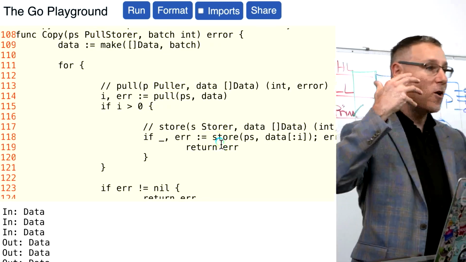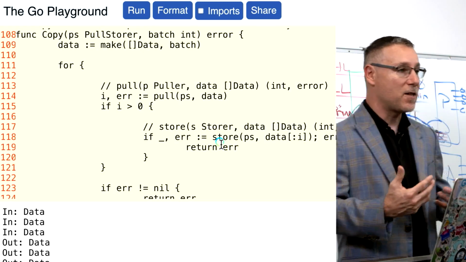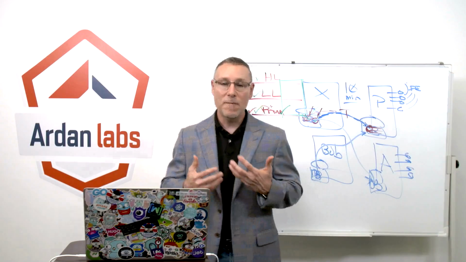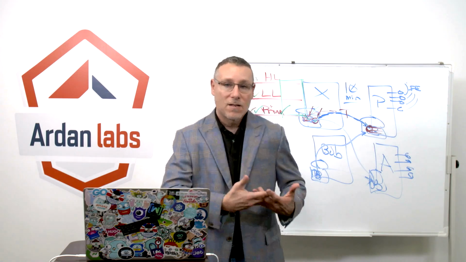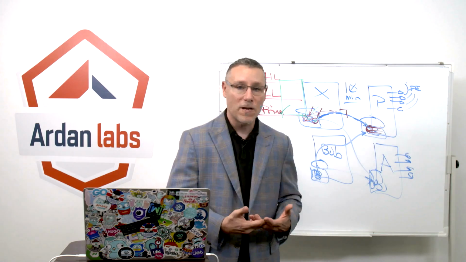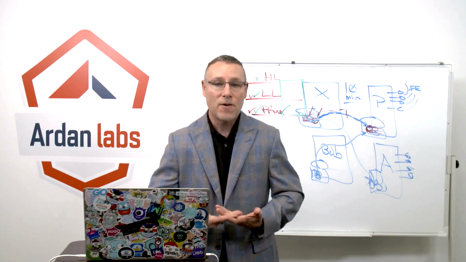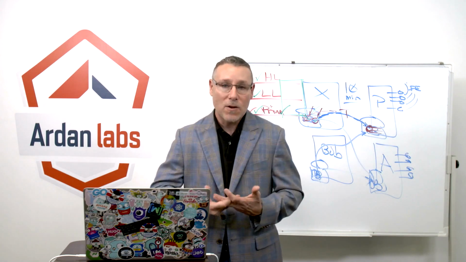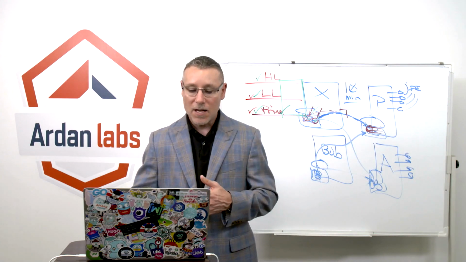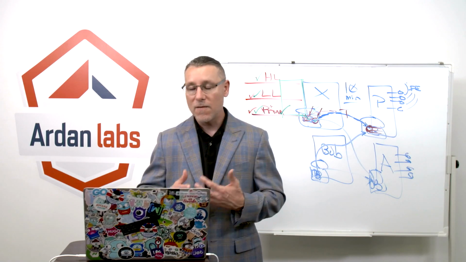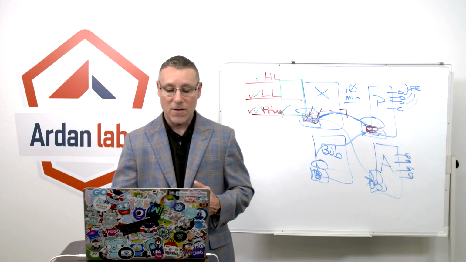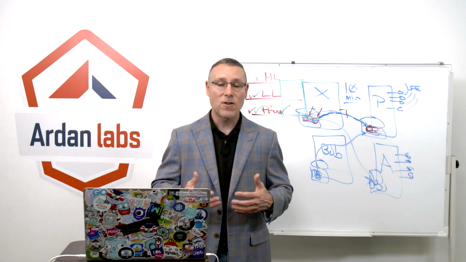Let's go back to our initial lesson around interface mechanics. The first thing to remember is this. Does pull store exist? Does puller exist? Does store exist? The answer is no, they're interfaces. They are valueless. Next question, is pull really asking for a puller value? Is store asking for a store value? The answer is no, it can't. Those values don't exist.